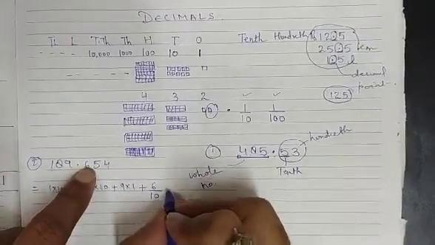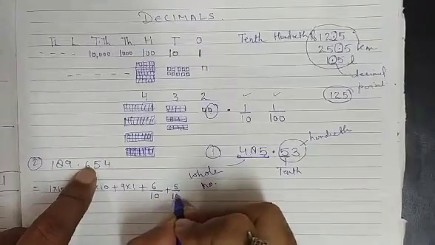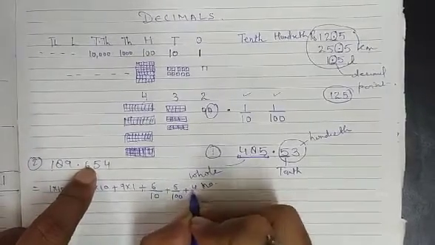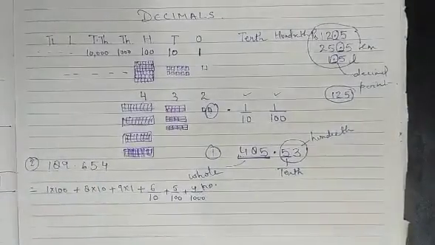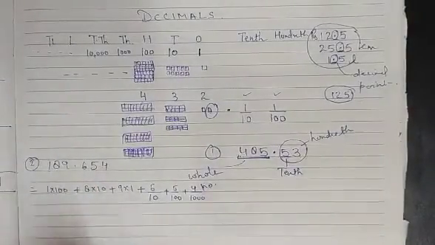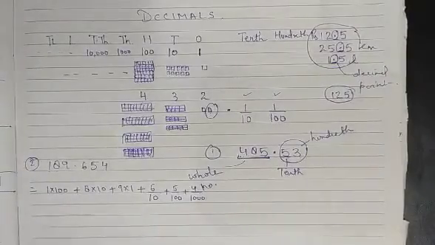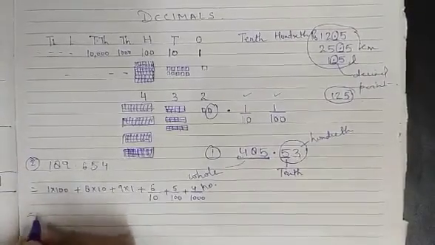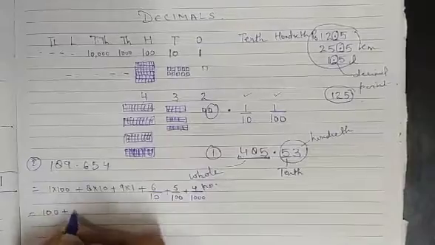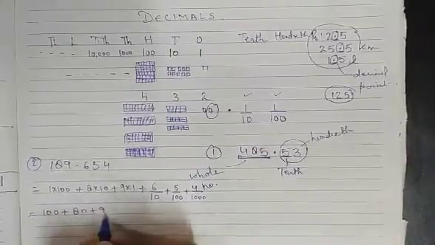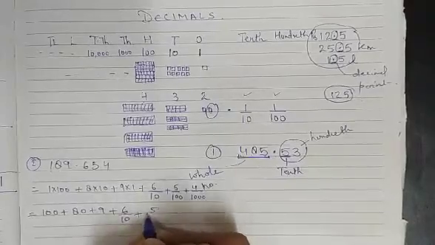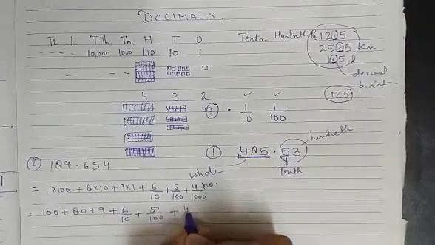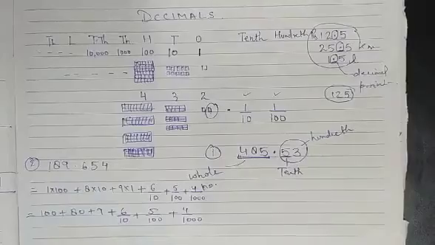Clear? 5 divided by 100 plus 4 divided by 1000. Clear? In this manner we are going to write the expanded form. Or you can write it like this also: 189 plus 6 upon 10, 5 upon 100, 4 upon 1000.